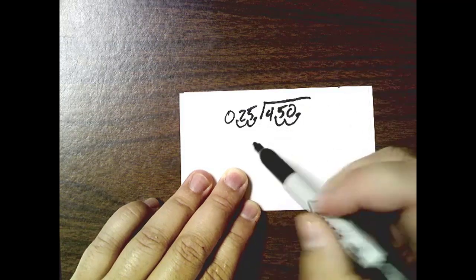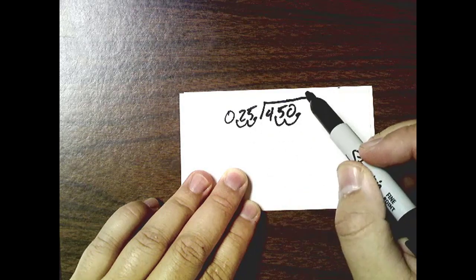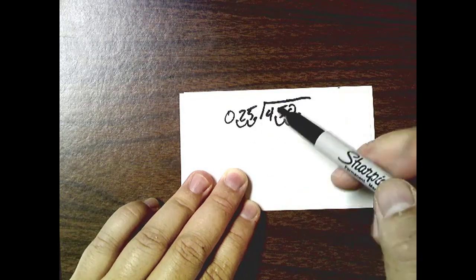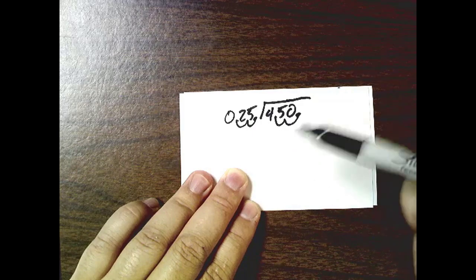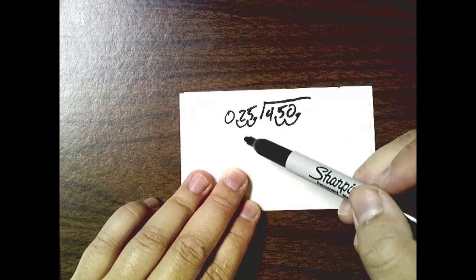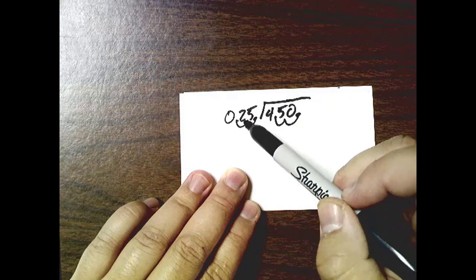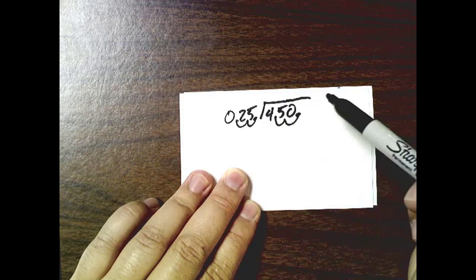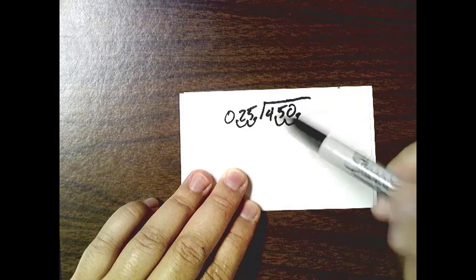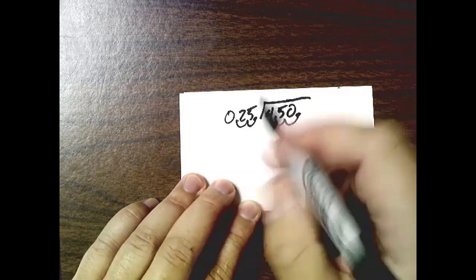Keep in mind, when we work with fractions, all fractions are division problems. And as long as you multiply both the top and the bottom by the same thing, you wind up with the same fraction. So the same thing holds true. As long as I multiply both the outside and the inside by the same thing, in this case 100, I wind up with the same division problem.